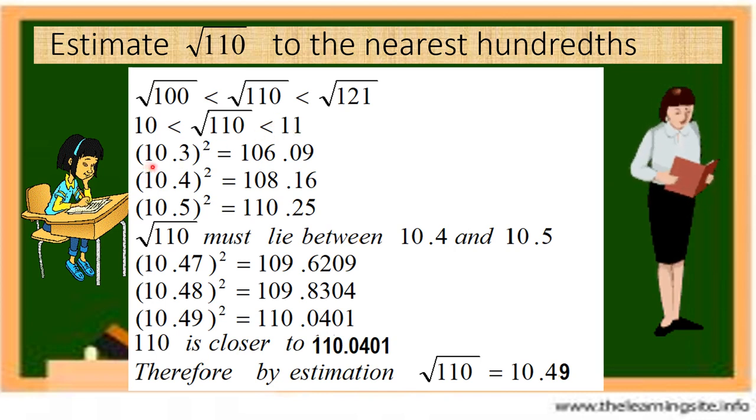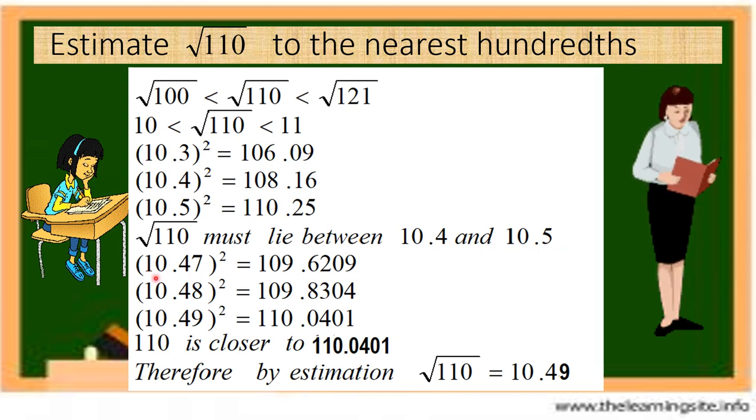We can start with 10 and 3/10 squared, which is equivalent to 106 and 9 hundredths. 10 and 4/10 squared is equivalent to 108 and 16 hundredths. And 10 and 5/10 squared is equivalent to 110 and 25 hundredths. So square root of 110 must lie between 10 and 4/10 and 10 and 5/10.